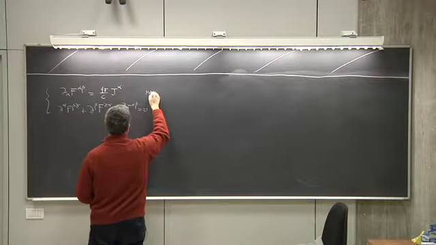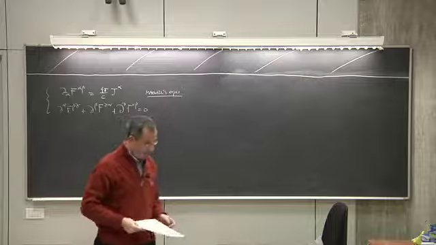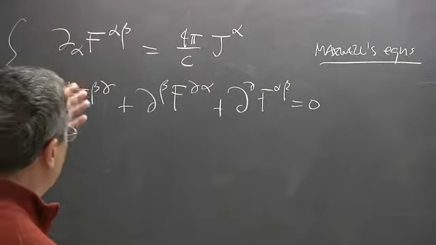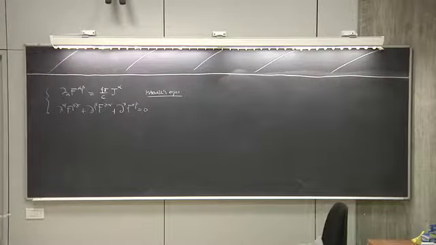So these are Maxwell equations. And what is the advantage of writing these? Okay, this is by components, and we saw some of the advantages. It's a compact way of writing the entire machinery of the Maxwell equations.